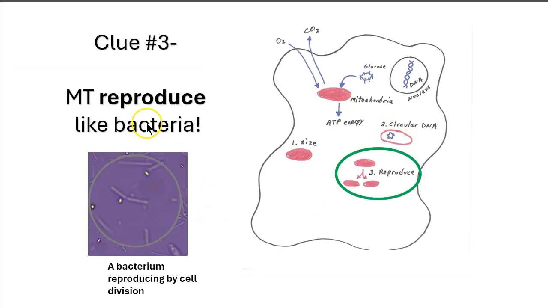Clue number 3 is that mitochondria reproduce like bacteria. So on the left here, we see a picture of a bacterium that is going through cell division. So it was growing bigger and bigger, in this case longer and longer, like that cell up there. But remember, bacteria have a problem. As they grow, the volume grows faster than the surface area.